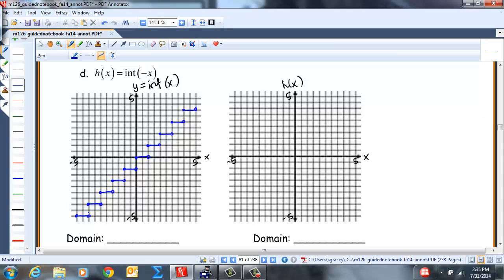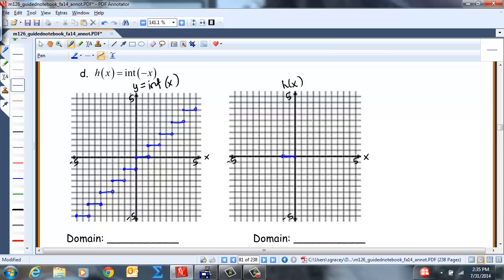Okay, so now let's take a look. So that's our integer function. We're supposed to reflect it across the y-axis, because that negative is inside. So what's going to happen is, let's start at 0, 0. So this will still be the same, but the open circle is going to be on the left here, and it'll go like this.